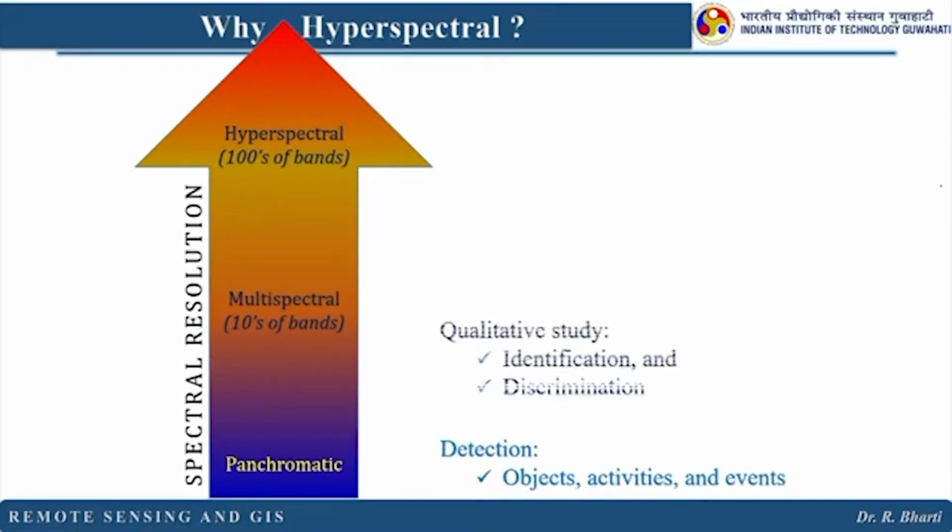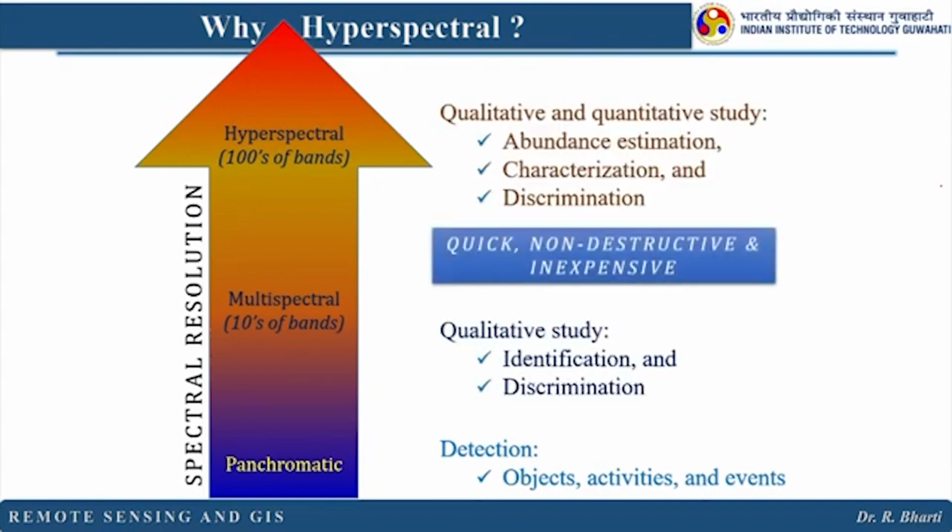And the advantages of hyperspectral data can be understood through this slide. Here I just want to highlight this part, because this is a repetition. So this is a quick, non-destructive and inexpensive technique, which can help you to conduct quantitative studies, right. So you can identify how much mineral and what minerals are present in a given rock sample.